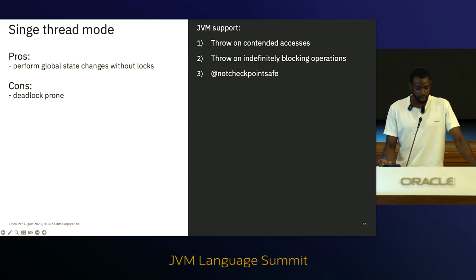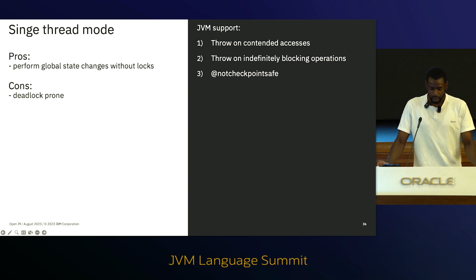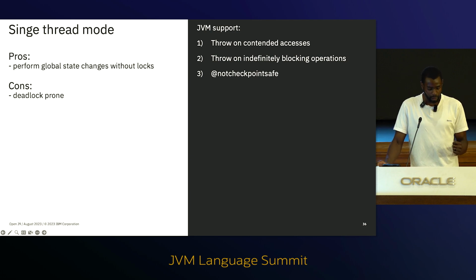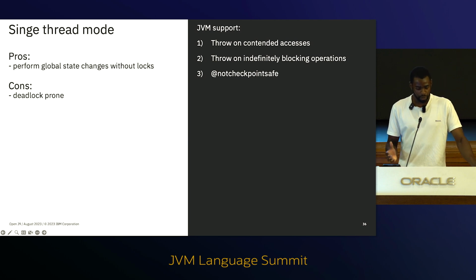And so the issue is if you are running code and you attempt to acquire a resource that's held by a thread that's currently halted, then you're in a deadlock scenario. So to address this, the JVM will simply throw an exception when this occurs. Likewise, if your hook attempts to do a terminally or indefinitely blocking operation, the same kind of exception is thrown.